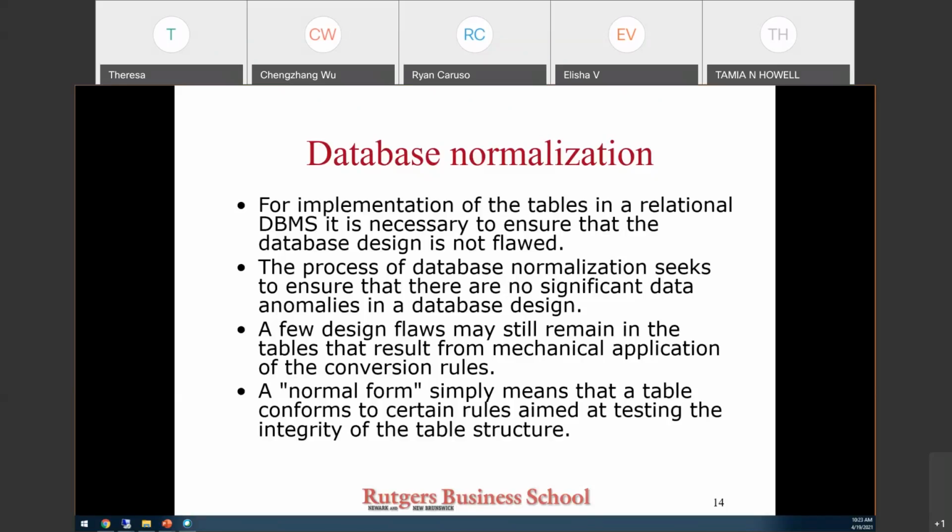Third normal form is a terminology that will be introduced in this class. But sometimes a few design flaws may still remain in the tables that result from mechanical application of the conversion rules.